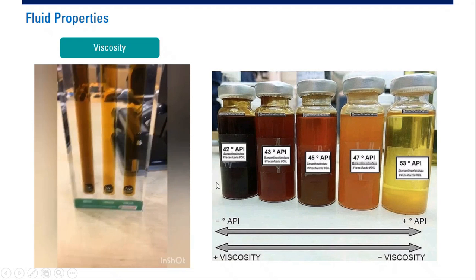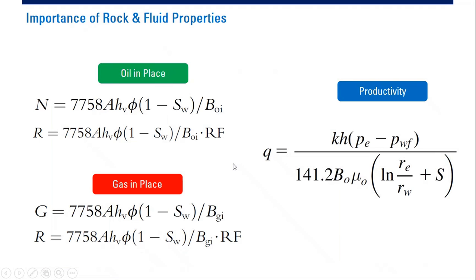Usually, heavy oil will have high viscosity. Easy to understand. But light oil will have low viscosity, so it can flow better than high viscosity or heavy oil.